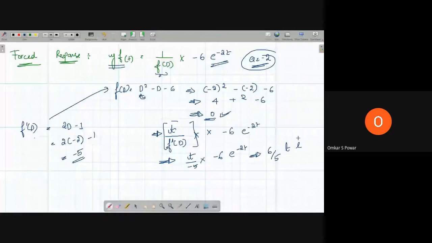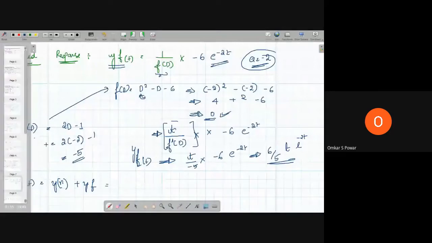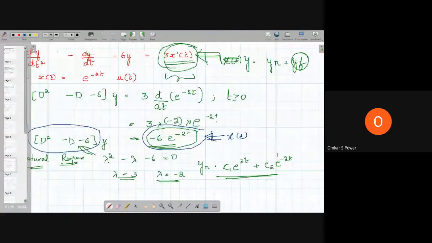Now you have got the forced response, and previously you got the natural response. So your total response is equal to your natural response plus the forced response. What is the natural response you got previously?